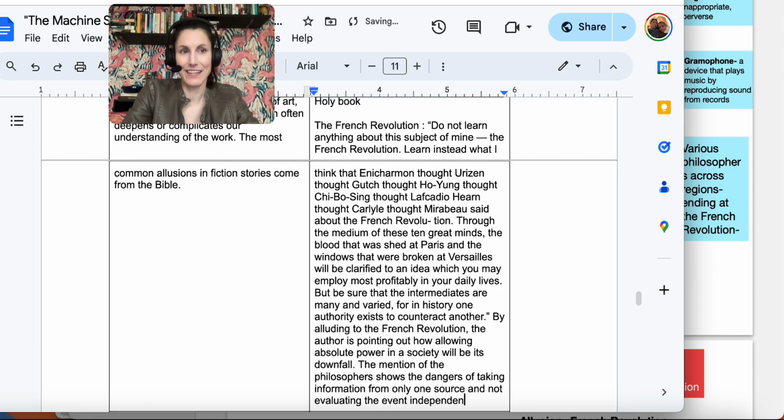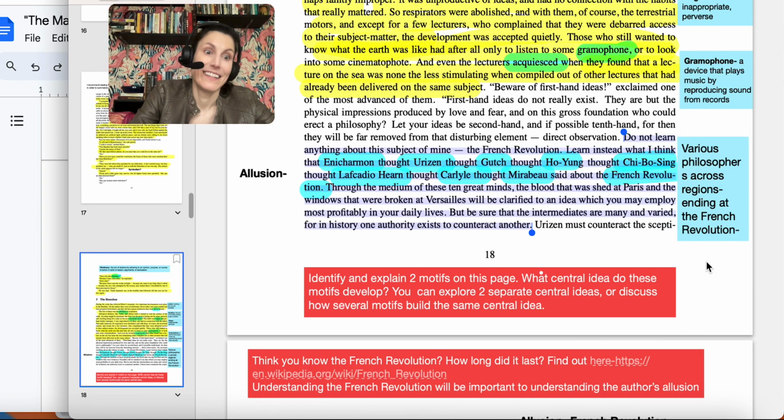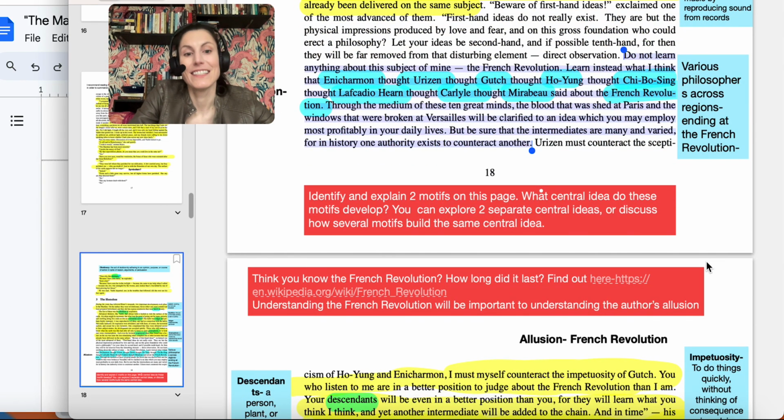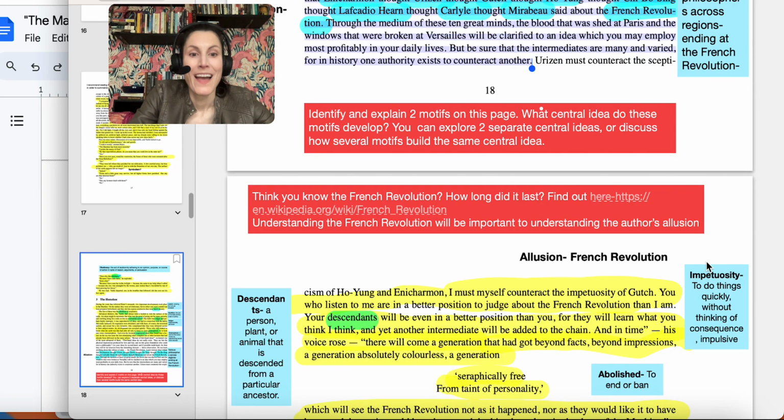Something like that, right? So this is alluding to the fact that when you only listen to one media outlet or one voice or one person's opinion, and they're relaying the information to you, you're not going to know it for yourself. And that can create a collapsing society, like we see in our story here.